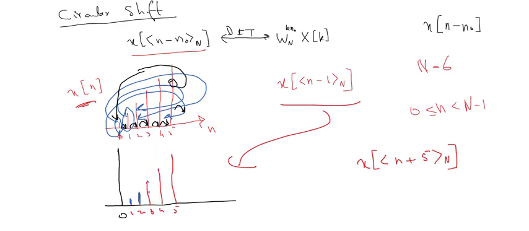Similarly, if you keep going, these 6 samples will appear here. Now this sample is left, and if you move it towards here, it will go 1 unit, 2 units, 3 units, 4 units and 5 units, and it appears here. So if you observe, this x of n minus 1 is the same as x of n plus 5.